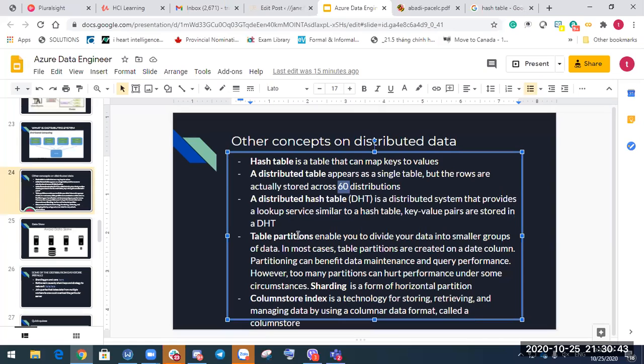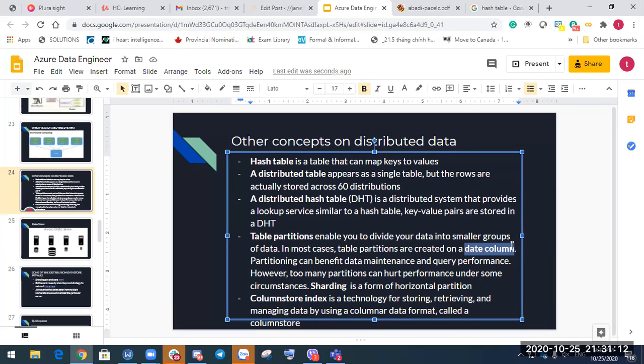Another concept I want to raise is table partition. Table partition enables you to divide data into smaller groups of data. In most cases, tables are partitioned on a date column, and remember this. Sharding will be very different from this, and you don't want to use a date column for sharding.